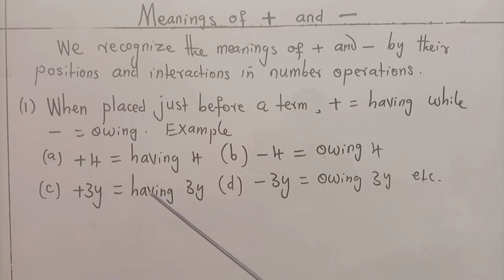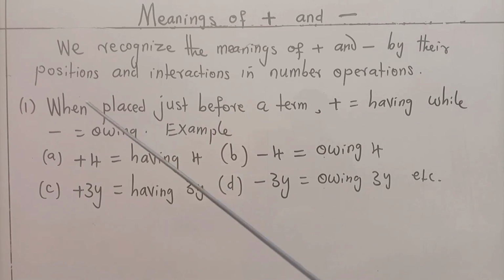Therefore, plus 3y means having 3y. Then ultimately, we have minus 3y. The minus here precedes 3y. 3y is a term, and minus precedes it to indicate that 3y is what somebody owes. Therefore, minus 3y means owing 3y, and so on and so forth.